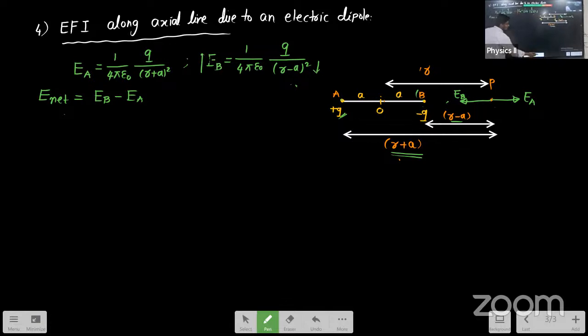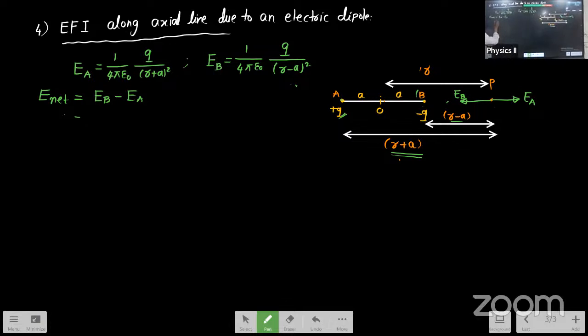The electric field will increase. Similarly, here the distance is increasing, R plus A gives a higher value. If the distance increases, what will happen to the electric field? The electric field will decrease. So we will be doing higher minus lower. So that is the reason I am writing EB minus EA.